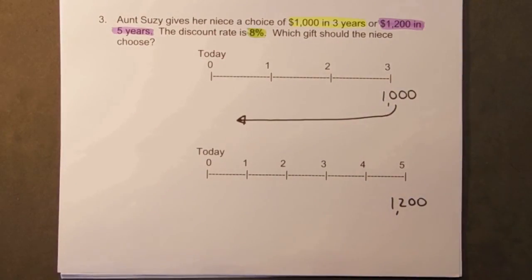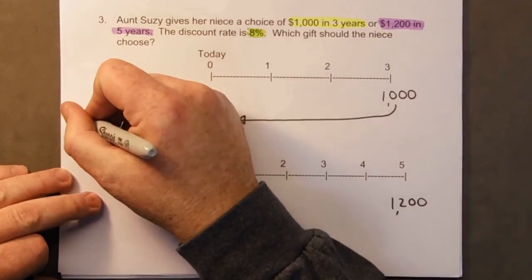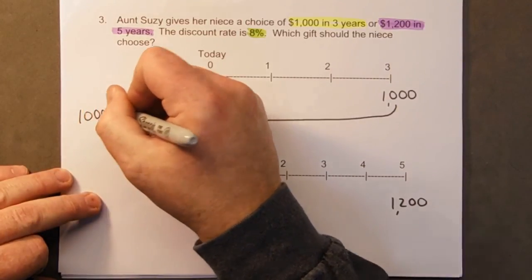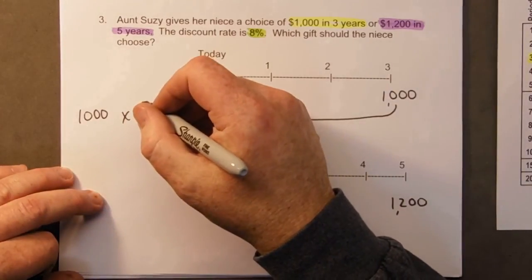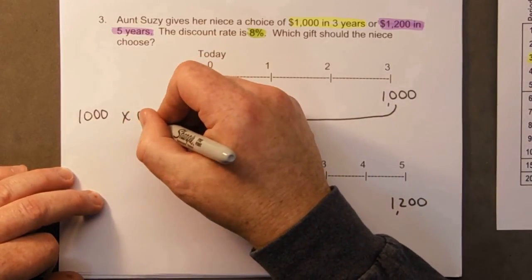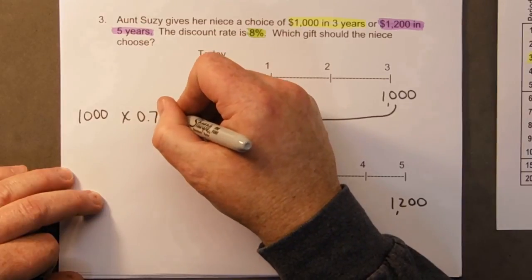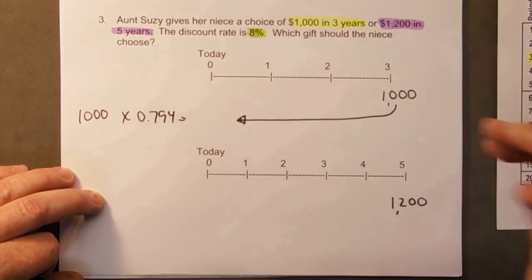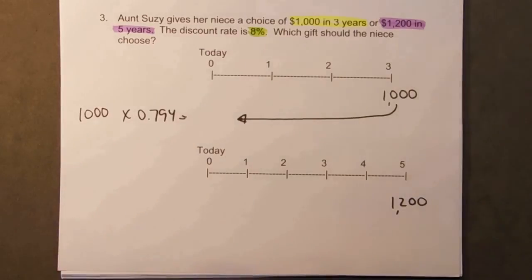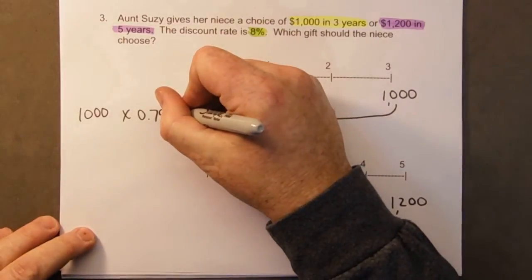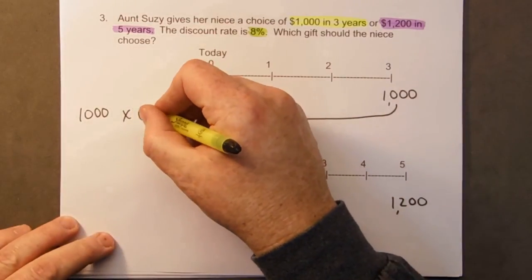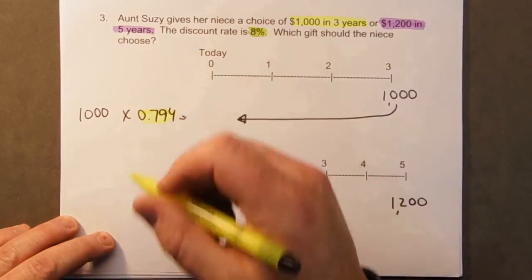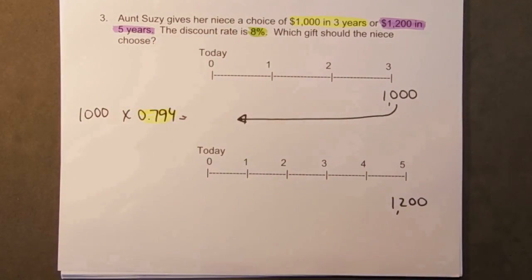So we're just going to multiply it. And again, that's just the factor we got from the table.